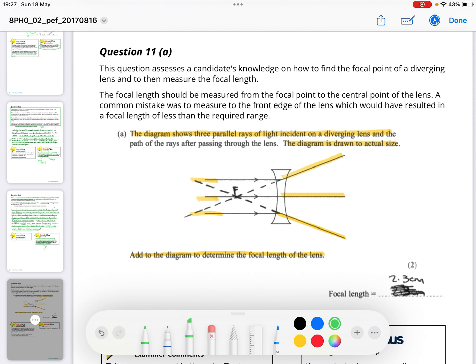I'm going to now draw them in green, to see where the ones that get divergent, where they cross, and that will be the focal length. You then have to measure it from the center of the lens, and that, because it's drawn to scale, will give you the focal length. Okay?